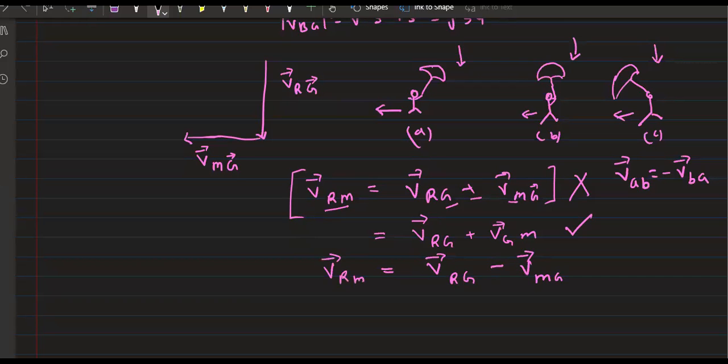I'll just delete the wrong one because some people just remember wrong concepts and then say you taught this. So you just remember this. Obviously it will be correct now, because minus of velocity of man with respect to ground is just opposite of ground with respect to man. That is your concept in vectors. Yes or no?